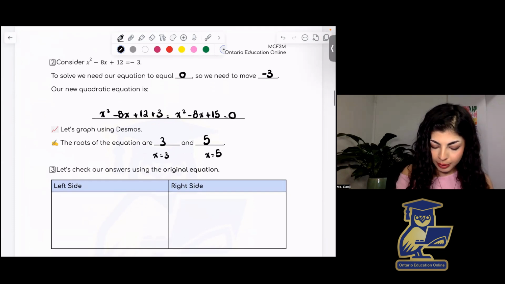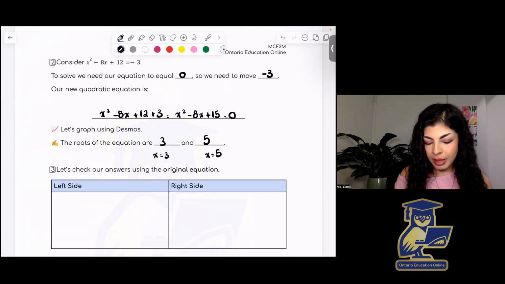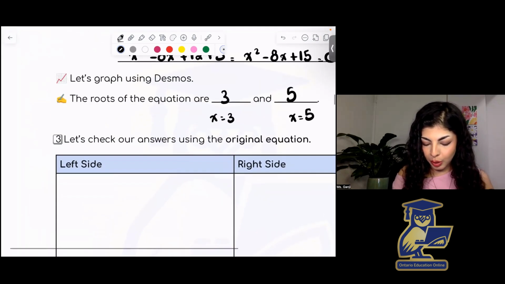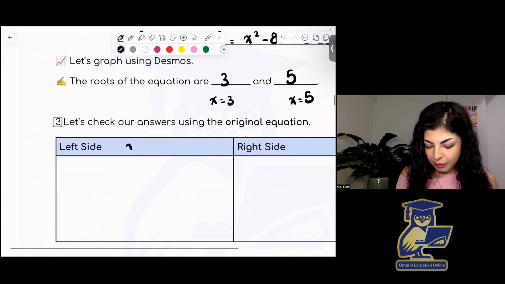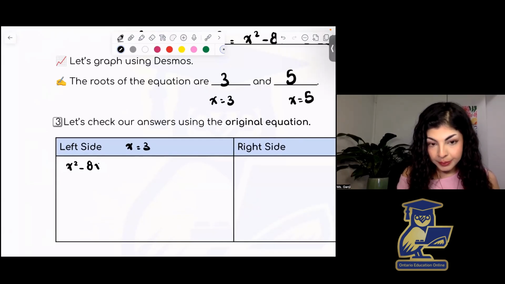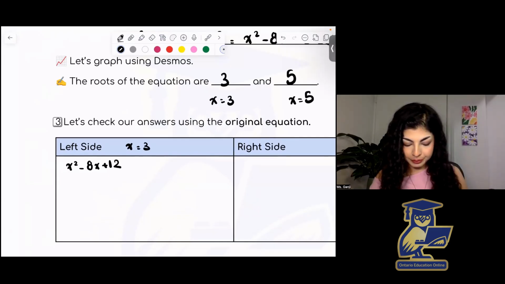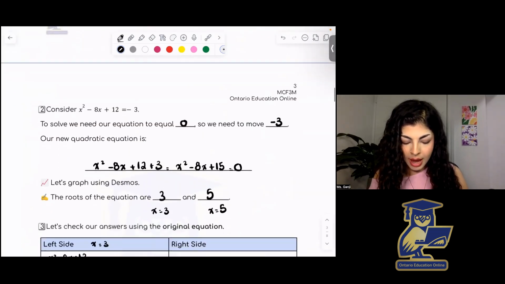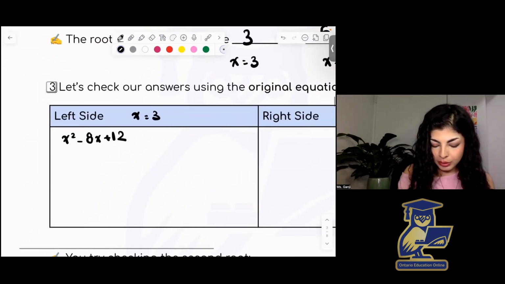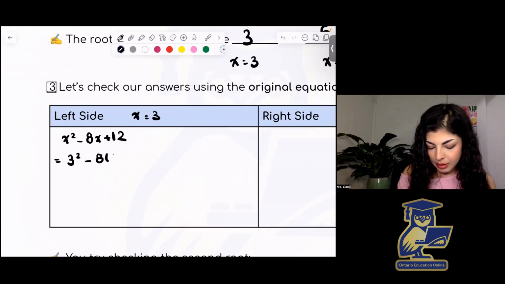So in our original equation, on our left side, we have x squared minus 8x plus 12. And first, let me check for x equals 3. So x squared minus 8x plus 12. Let me just double check that. Correct. So now I'm going to substitute in the value of 3 to get 3 squared minus 8 times 3 plus 12.